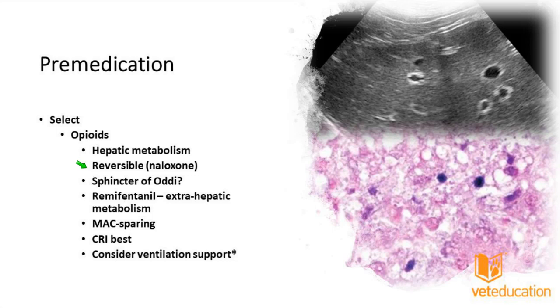There is some question that particularly the pure mu agonists like morphine may lead to constriction of the sphincter of Oddi near the pancreatic and common bile duct outlets, and that this may predispose patients to developing pancreatoduodenal reflux, and that might predispose our patients to getting pancreatitis.